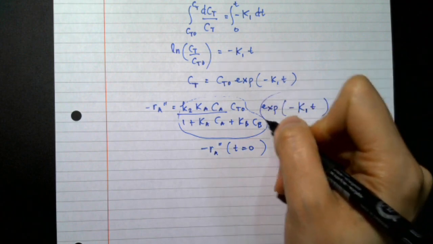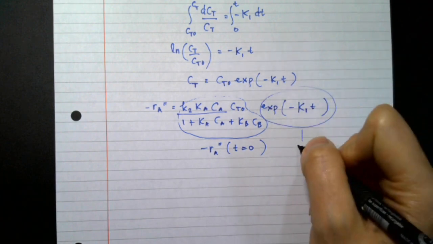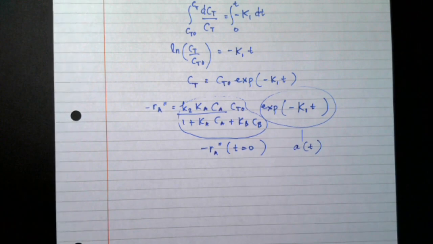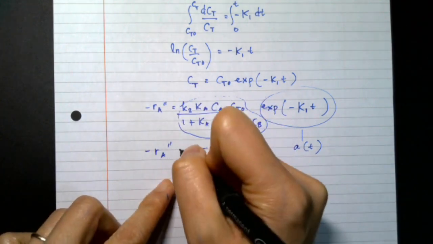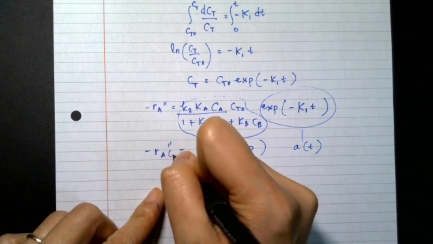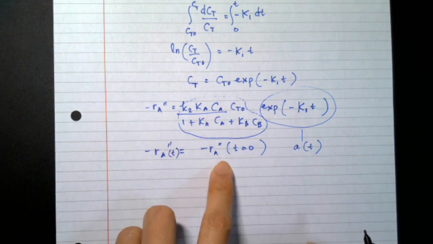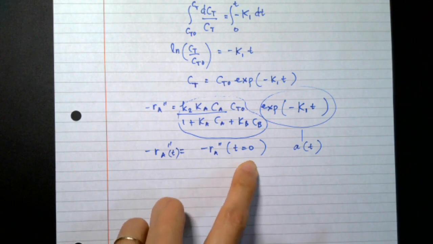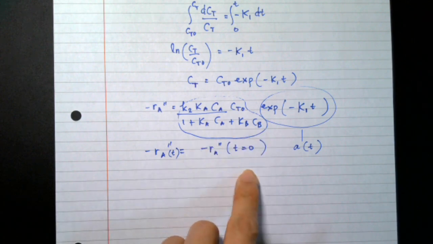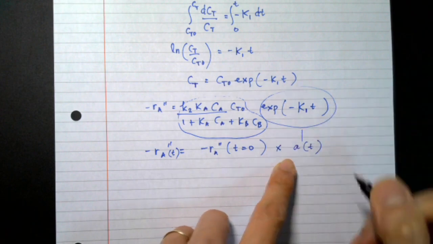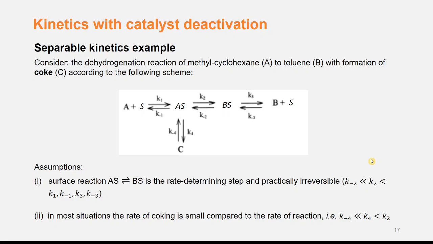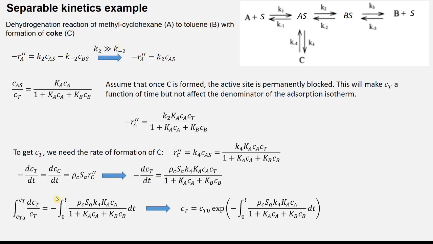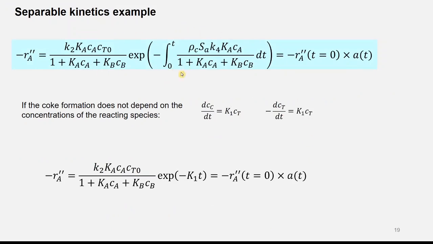And this term here is some function of time. So again, we have expressed our rates, okay, so this is at any time t, into the rate when the catalyst is fresh times a function of time. The next two slides show what we did on paper and the expressions that we derived.